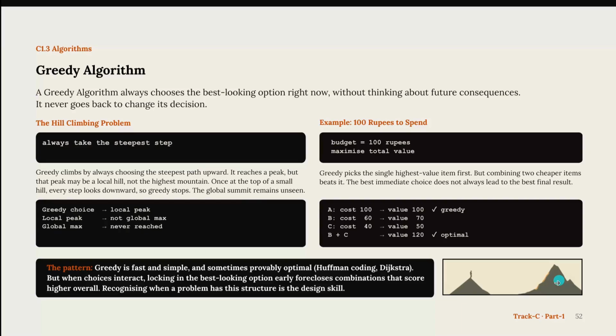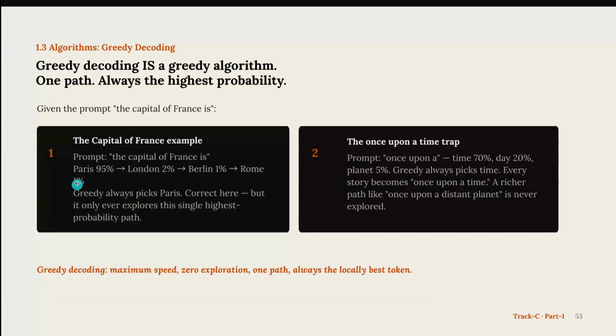This again talks about the same. For example, in LLMs, when you give the prompt, hey, the capital of France is, with the highest probability it will find Paris and give you this answer, which is correct. But what if you wanted a little creative answer, like once upon a time, it gives you time.